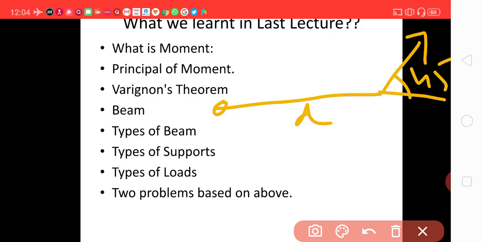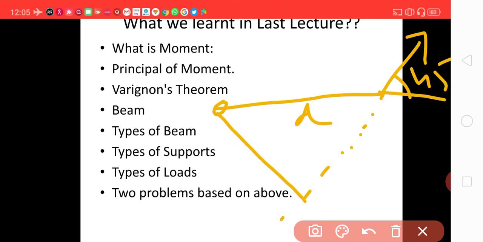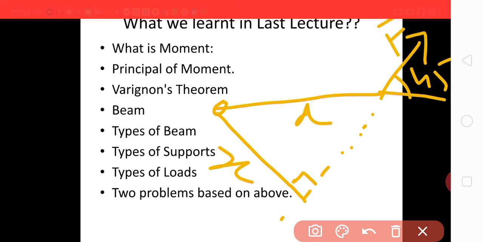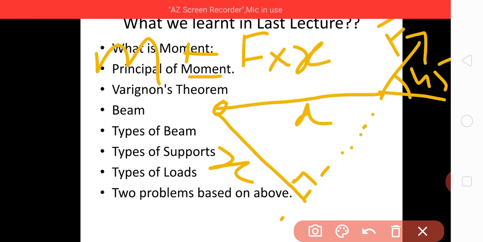For that, we extend back the line of action of this force and drop a perpendicular on it. If this distance is say x, and the force was F, then M equals force into x, because the shortest distance on the line of action is the multiple for the force, and the shortest distance will always be perpendicular to the line of action.